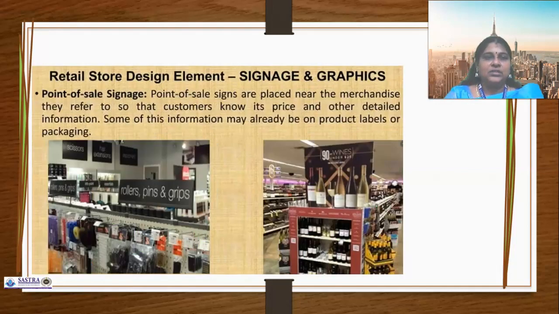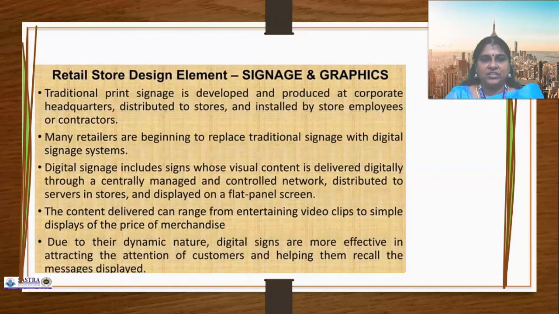Then the third one is point of sale signage. Point of sale signs are placed near the merchandise they refer to so that customers know its price and other detailed information about it. Some of this information may already be on the products, labels or packages. Then also you have to display it with the signage graphics.